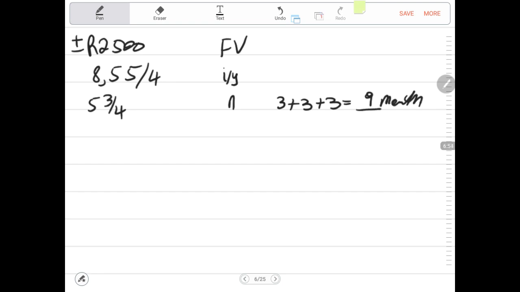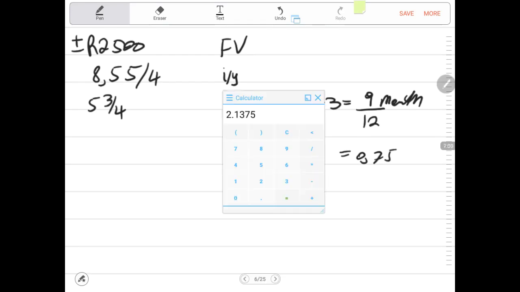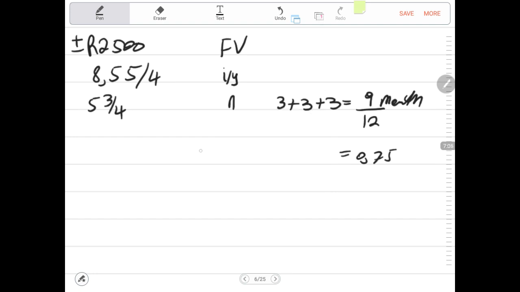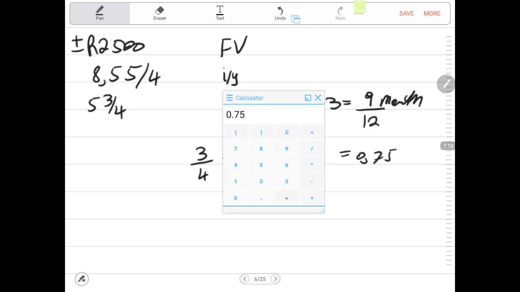So in other words, 9 over 12 will give us a decimal of 0.75. You can just verify that 9 over 12 gives us 0.75. Same applies as 3 over 4 will give us the same 0.75. Let us verify that 3 over 4 is 0.75.